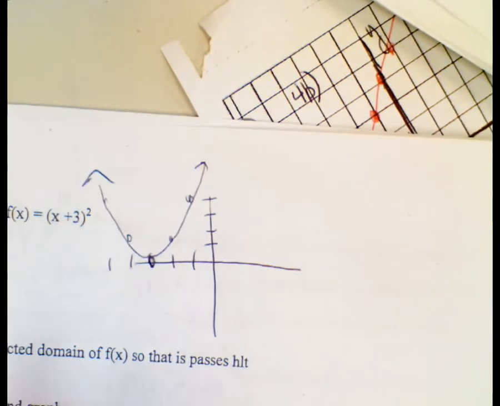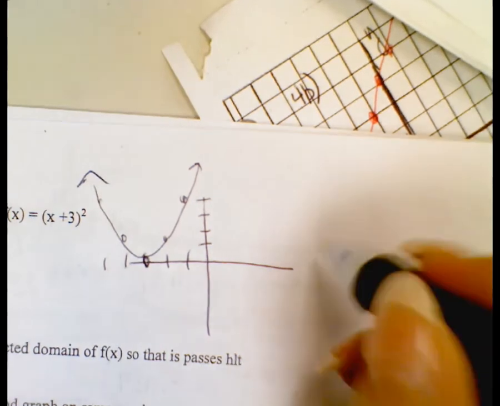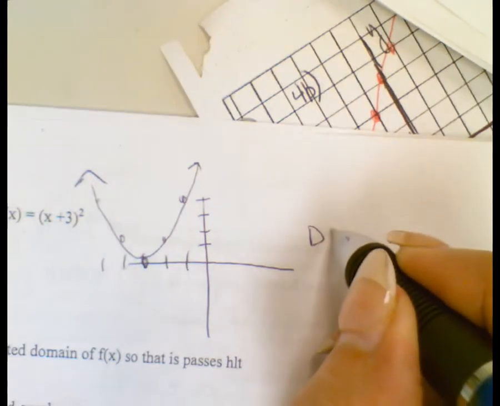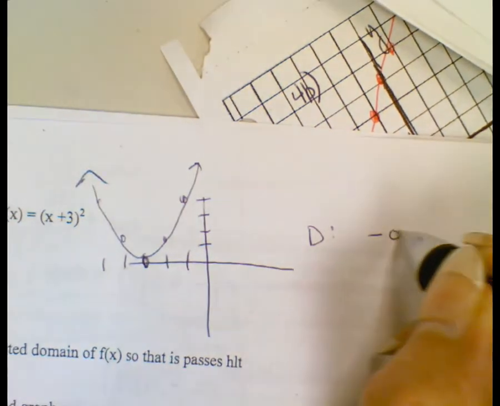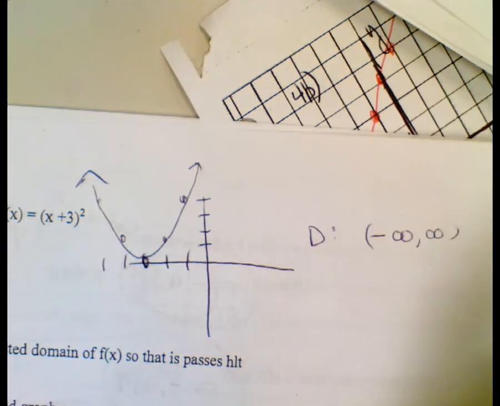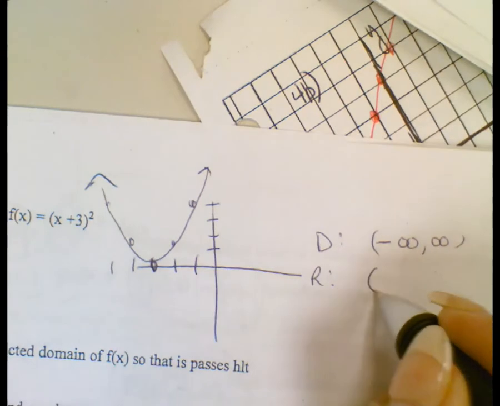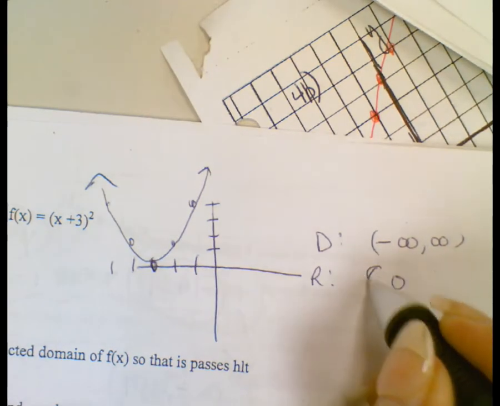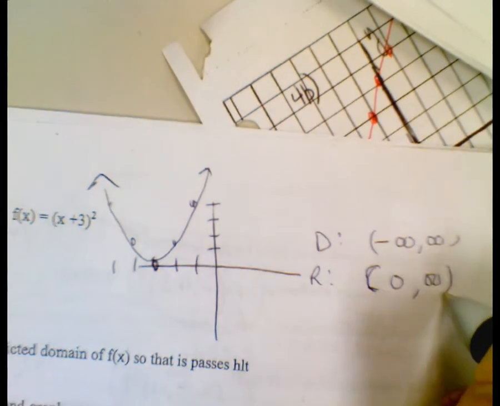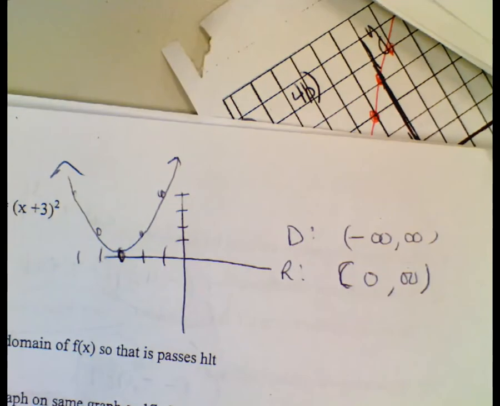Question B, what is the restricted domain of f of x? Well, right now your domain is negative infinity to infinity because it goes left to right. Your range currently is 0, bracket, to infinity. The restricted domain is we need to take a portion of this off so that it passes the HLT.